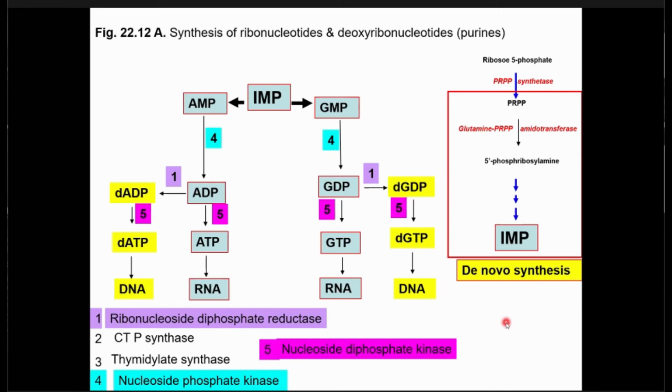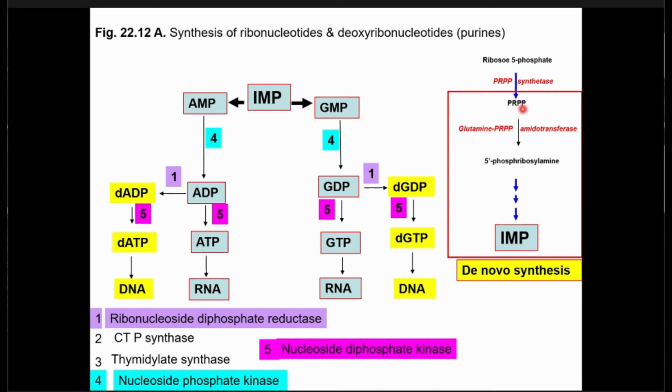So basically, this is again a reminder. If you recall, at the beginning we started with ribose 5-phosphate, which you already know comes from the pentose phosphate pathway. We said there is an enzyme that helps you to make the PRPP.